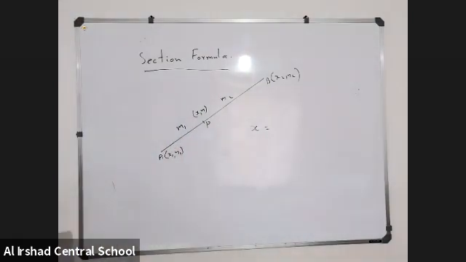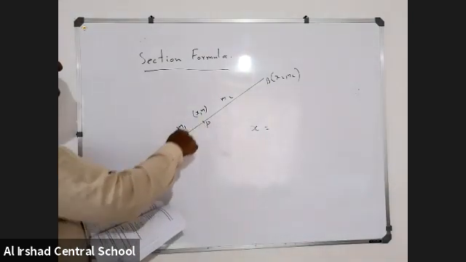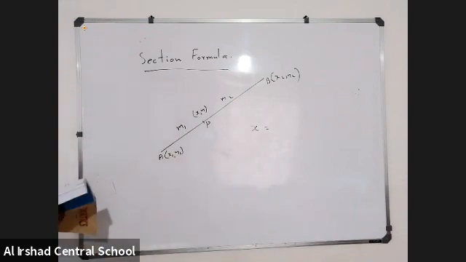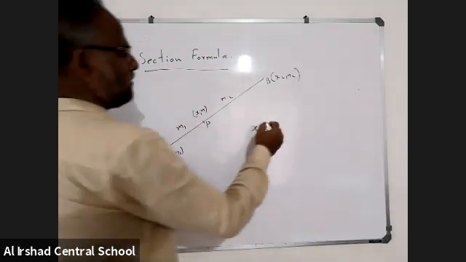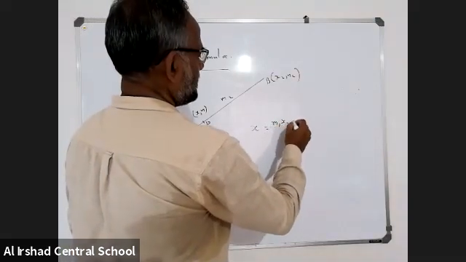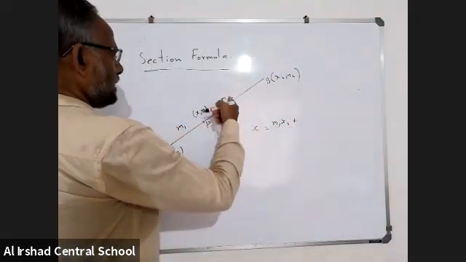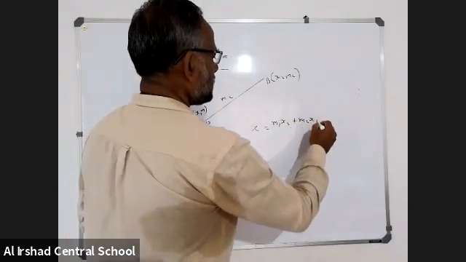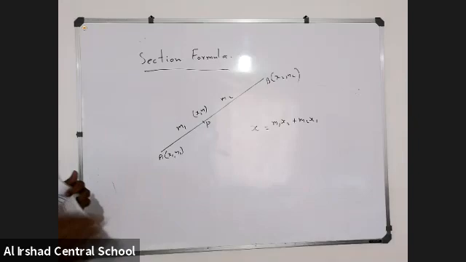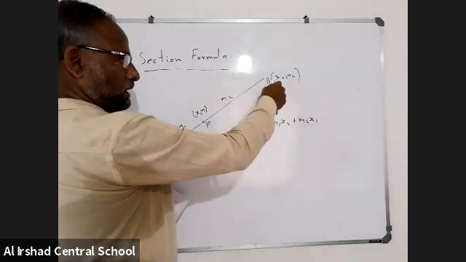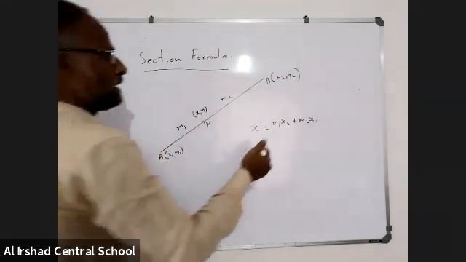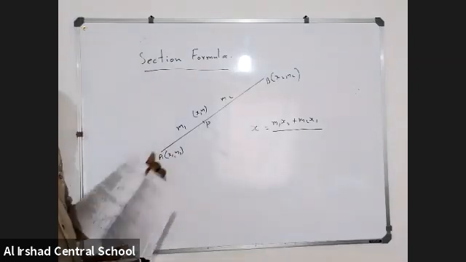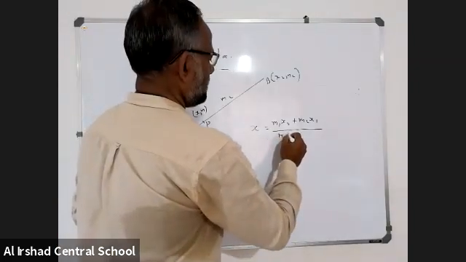Whenever a point is dividing in the ratio M1 is to M2, the x coordinate of the point P is M1 into x2, x coordinate of B, and the second ratio M2 into x1, divided by the sum of the ratios, M1 plus M2.